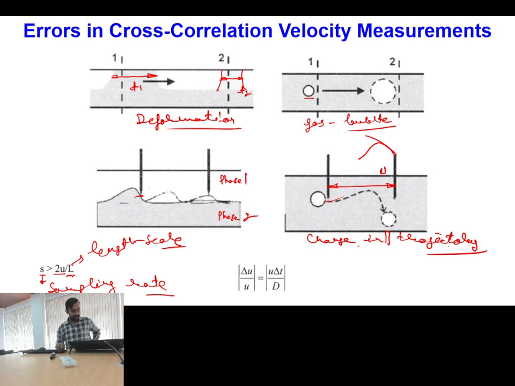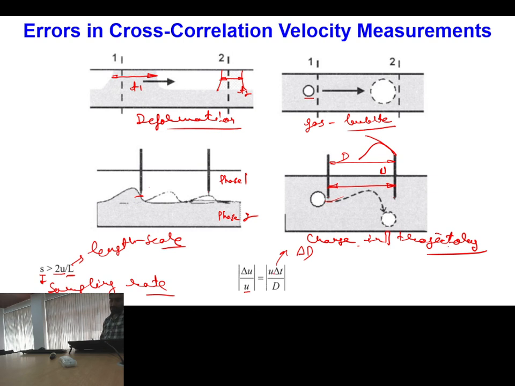Second important point is d, the distance between the two probes. Okay, so ultimately if you do uncertainty analysis, then change in velocity by actual velocity magnitude will be equal to the change in distance, delta d by d.